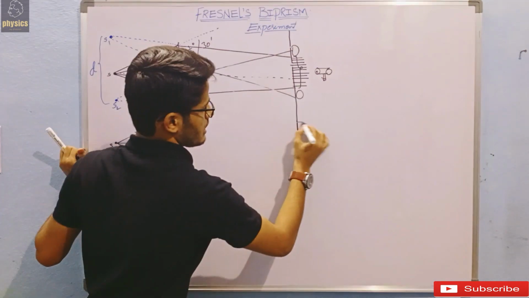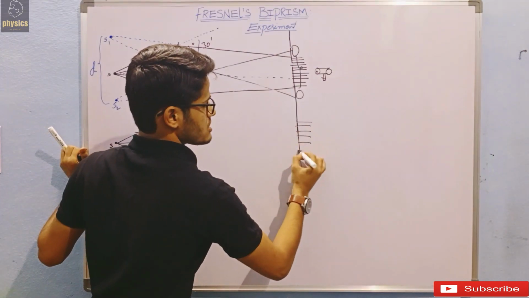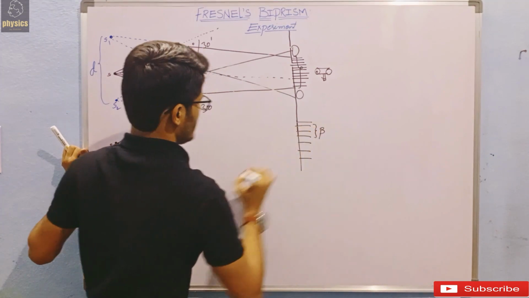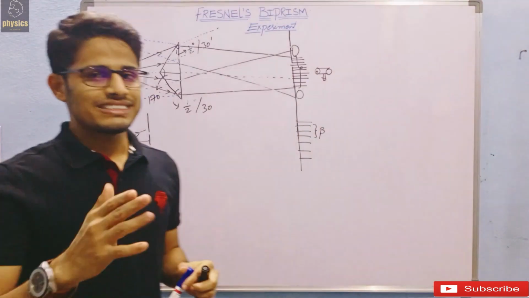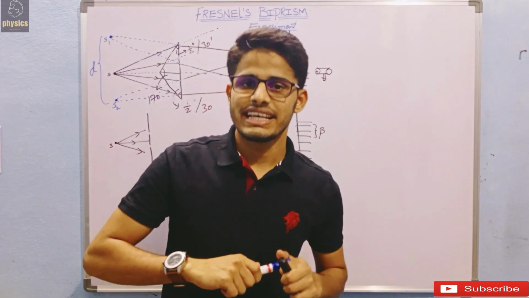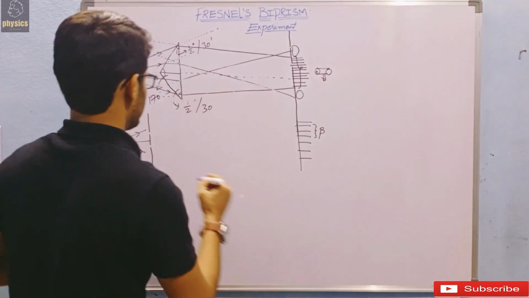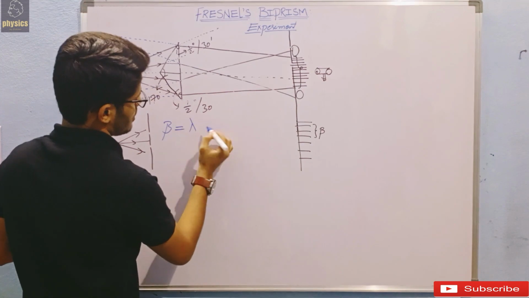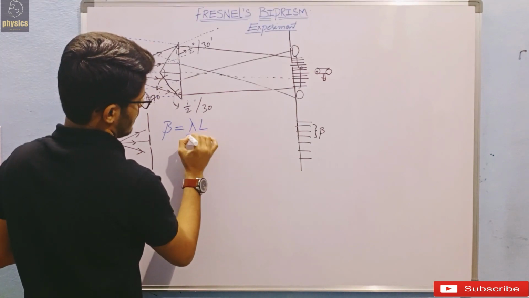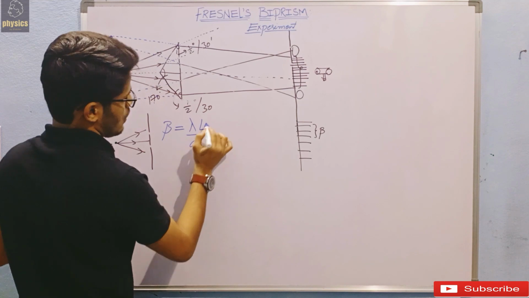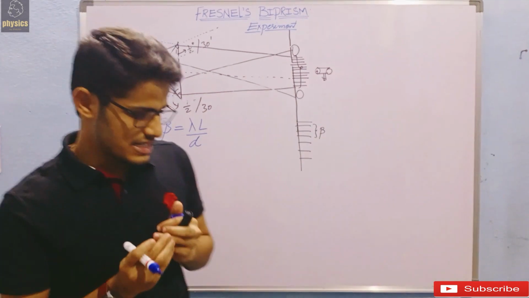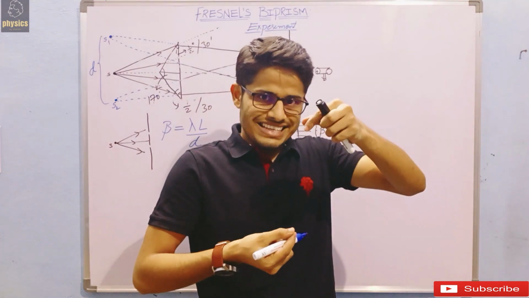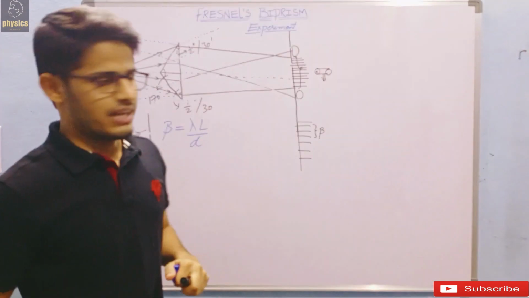Here we get the fringes, dark and bright, and the fringe width we got as beta. In Young's double slit experiment, we got the expression for fringe width: beta is equal to lambda L by D, where L is the distance between the slits and the final screen, D is the distance between the two sources, and lambda is the wavelength.